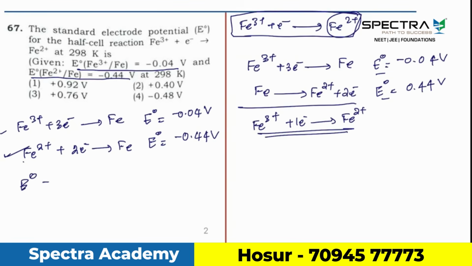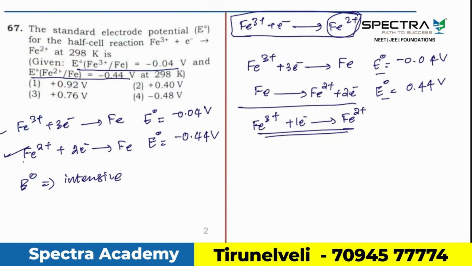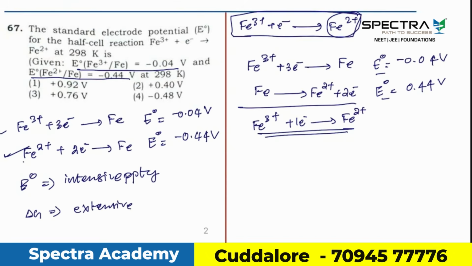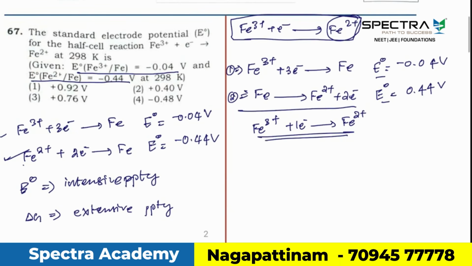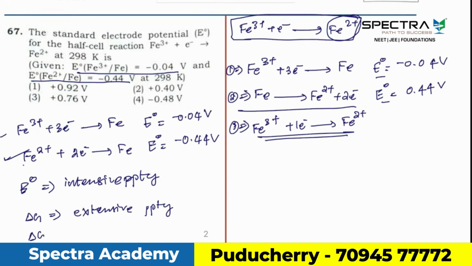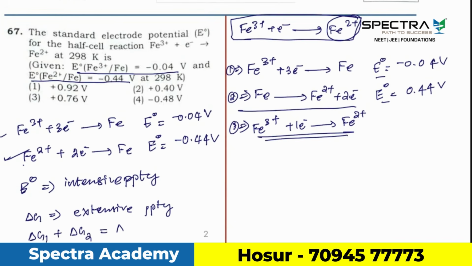Why? Because electrode potential is an intensive property. It is an intensive property. So for that we will take an extensive property, that is delta G. Delta G is an extensive property which is additive. So if I take this as the first reaction, this is the second reaction and this is the third reaction, we can say that delta G1 of the first reaction plus delta G2 of the second reaction will give delta G3.